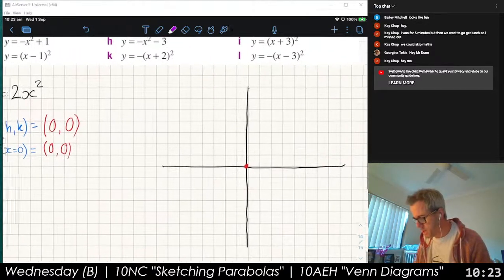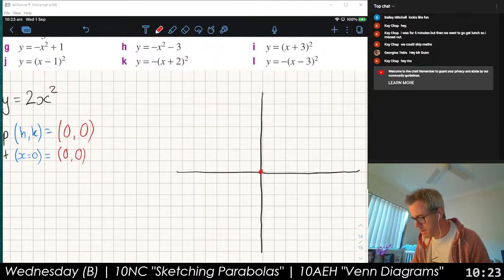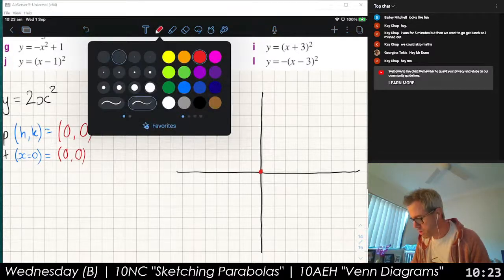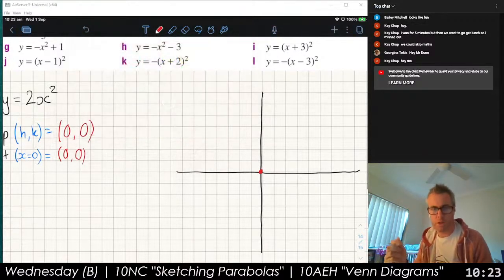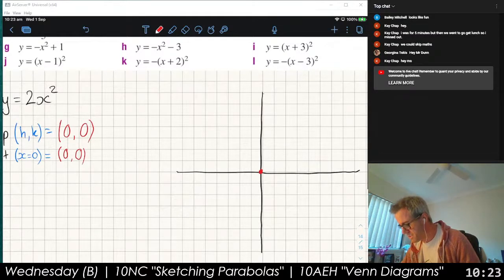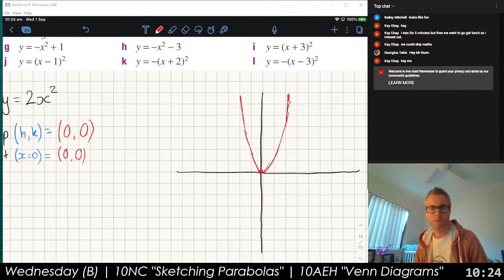If I'm doing a dilation of 2, we saw before that when x is 1, it's going to be like here. So I'm going to say that's kind of what my parabola is going to look like.